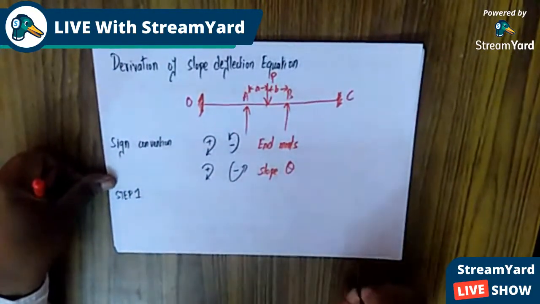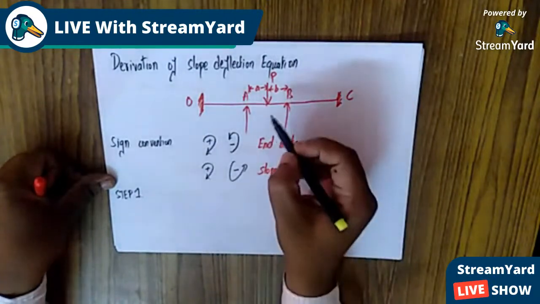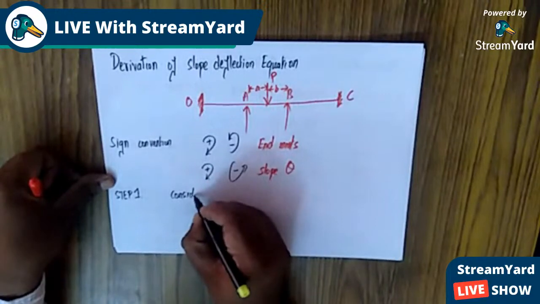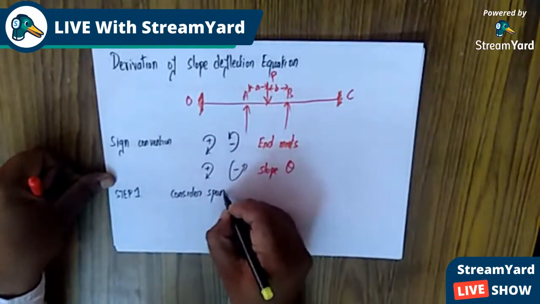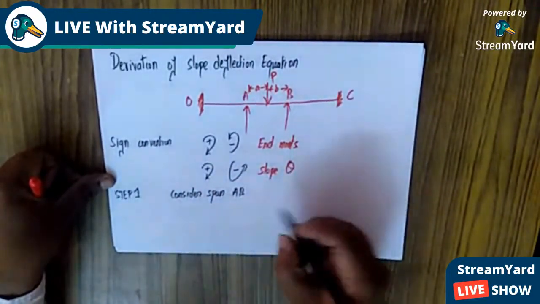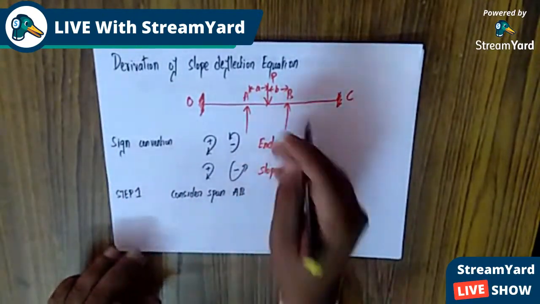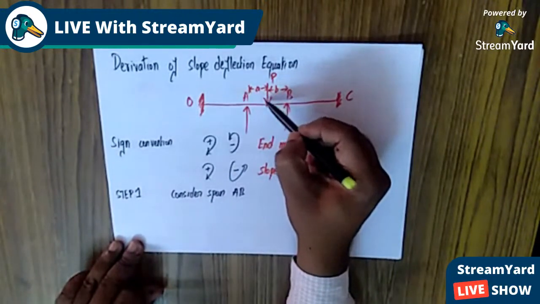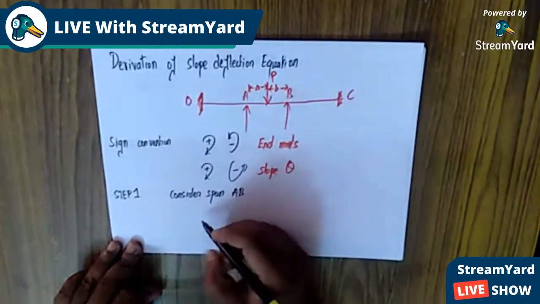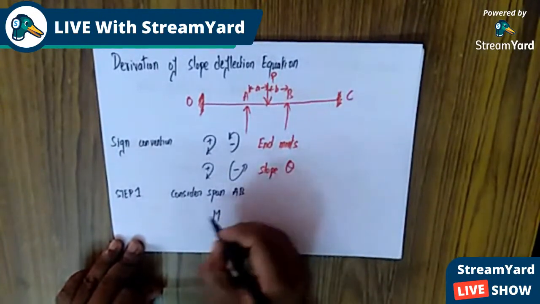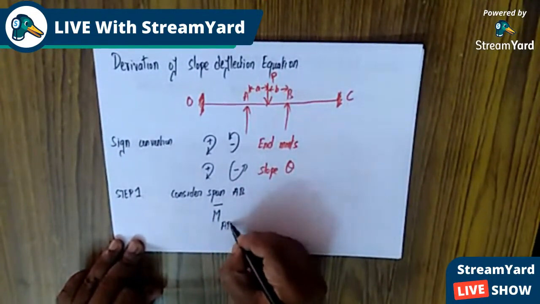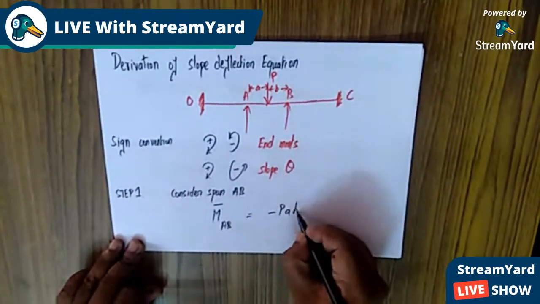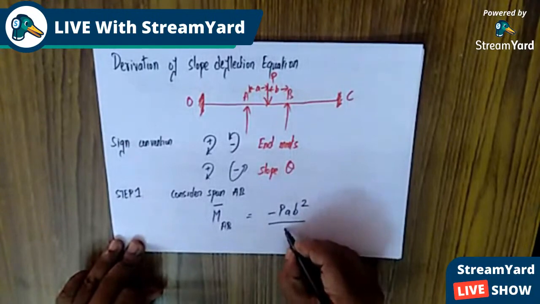Initially, for the derivation, step one: consider the span AB. Due to the load acting on the span AB, the fixed end moment M bar AB developed will be equal to minus P a b squared divided by L squared.